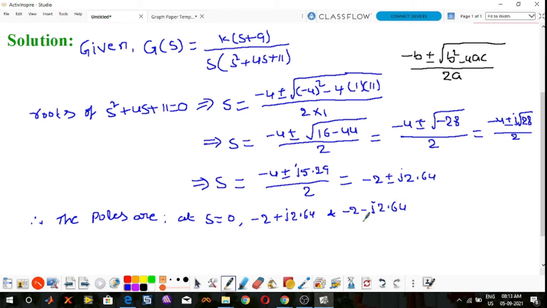The total number of poles of the given open loop transfer function is n = 3.